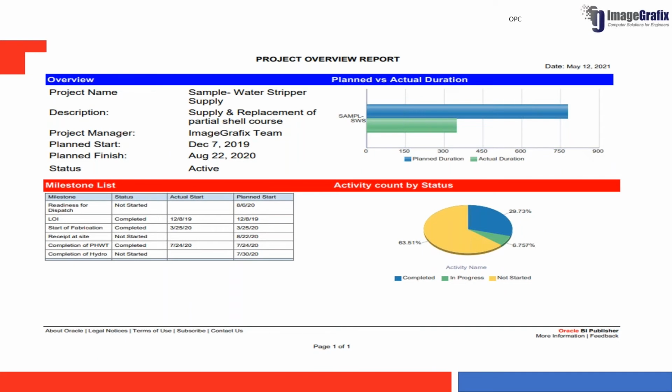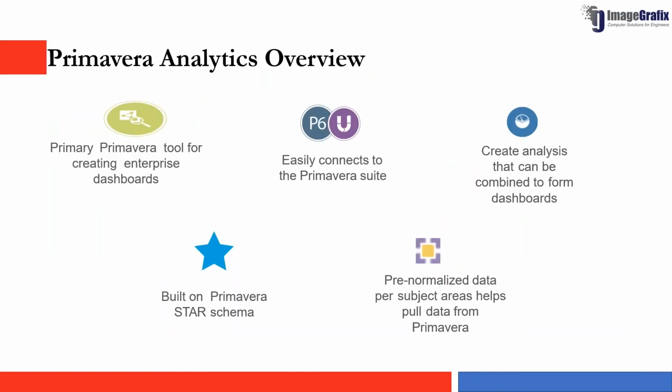You have the planned duration, actual duration, and the milestone list, whether it has been started, when it was started, what is the planned start date, and percentage of the activities. How much has been completed, how much is in progress, and how much not started. These kinds of meaningful reports can be created using Oracle BI Publisher.